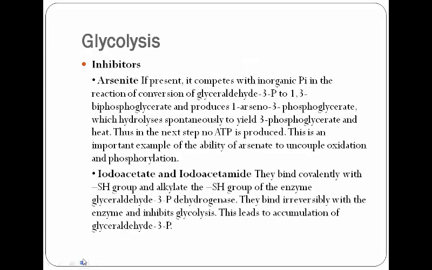It is important to know how the reaction can be inhibited. Arsenite, if present, competes with inorganic phosphate in the reaction of conversion of glyceraldehyde 3-phosphate to 1,3-bisphosphoglycerate, and it produces 1-arseno-3-phosphoglycerate, which then hydrolyzes spontaneously to yield 3-phosphoglycerate and heat, and thus the reaction is inhibited.